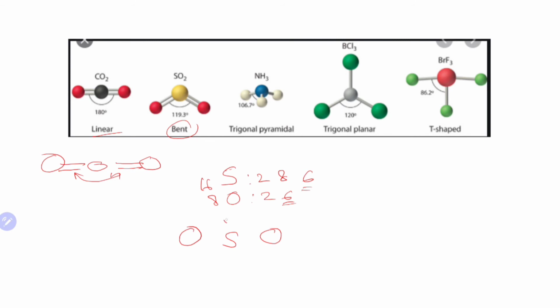S with 6, 2 lone pairs, 2 single electrons. The same with oxygen, 2 lone pairs, 2 single. These 2 singles will join to become double.